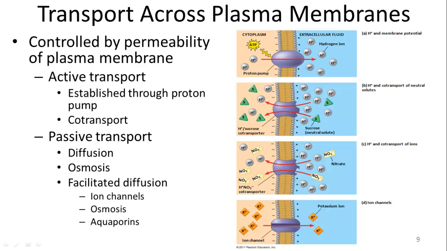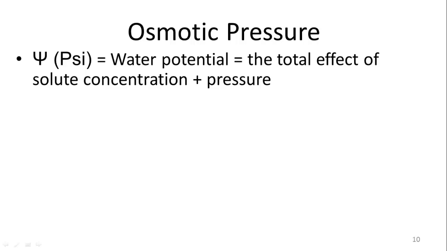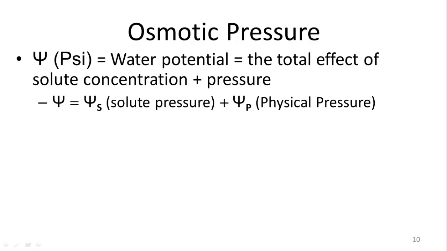So osmotic pressure then is the measurement of the flow of water as controlled by solutes and physical pressure. So psi, this Greek symbol, is used as the notation for water potential, which is the total effect of solute concentration and pressure, physical force.